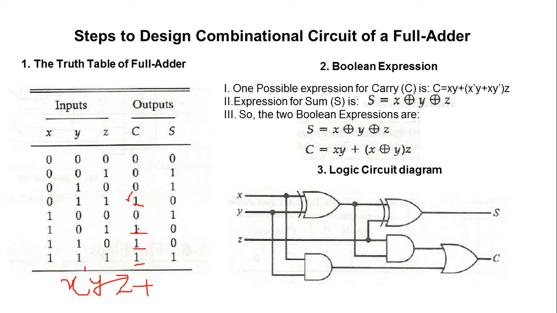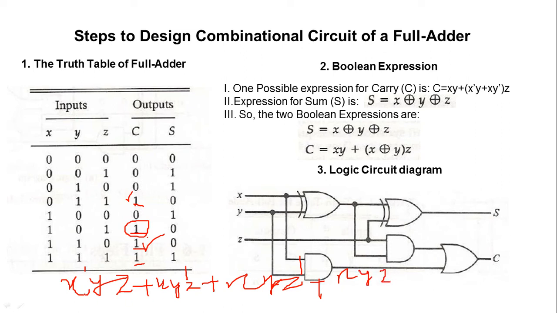Plus in this case x, y complement and z, plus in the next case x, y and z complement, plus in the very last case x, y and z, right?